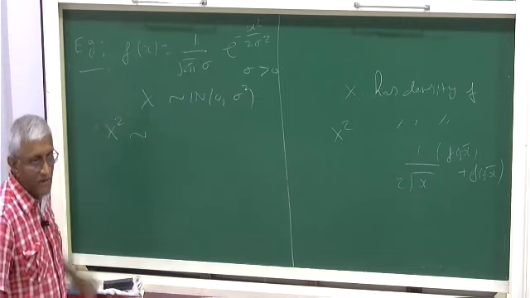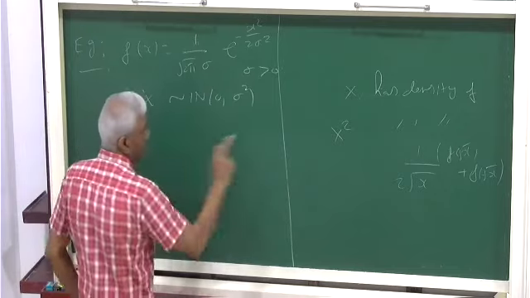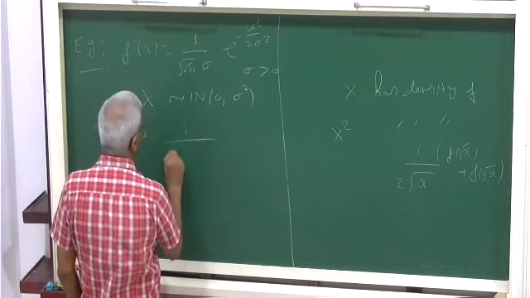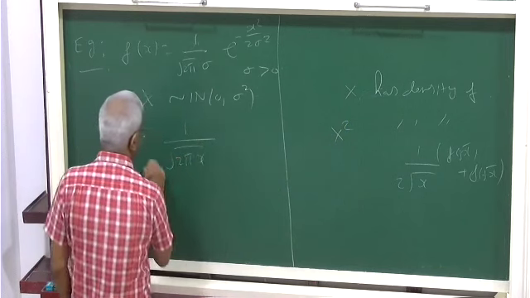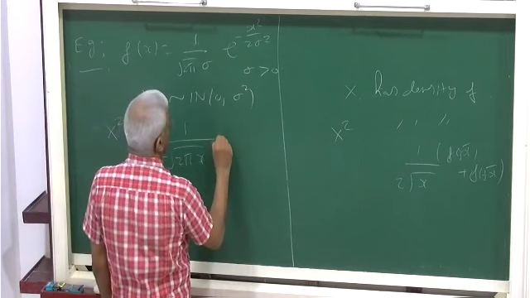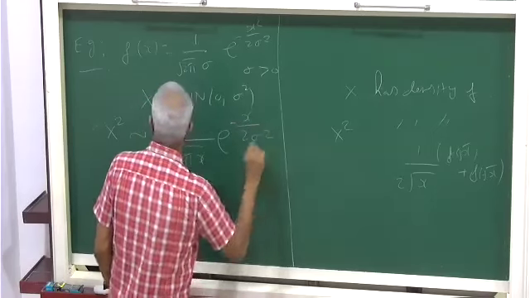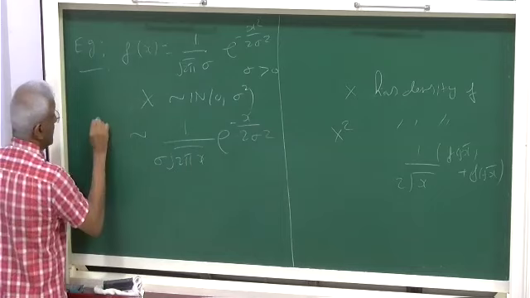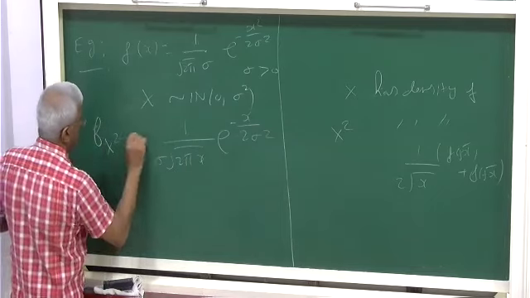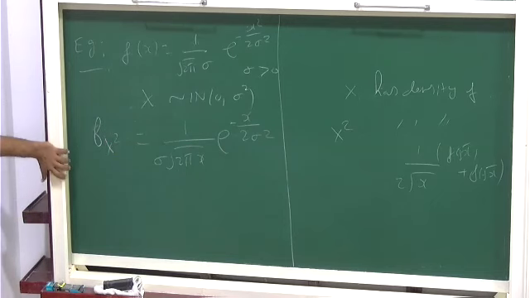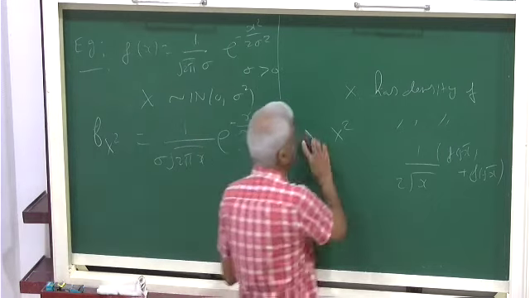It's a symmetric random variable. So we will get 2 times that. That 2 will cancel with this. So we will get only 1 by square root of 2 pi x sigma and e power minus x by 2 sigma square. If x follows normal 0 sigma square, then the density of x square is this, by whatever we have computed earlier.